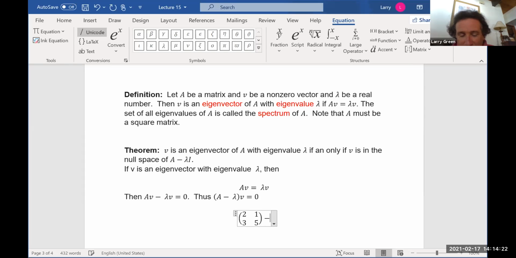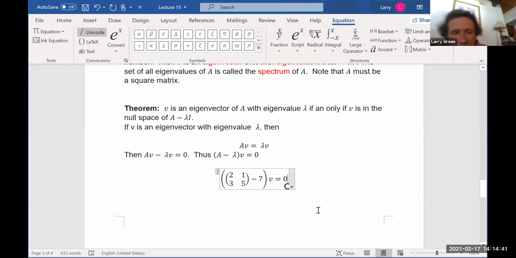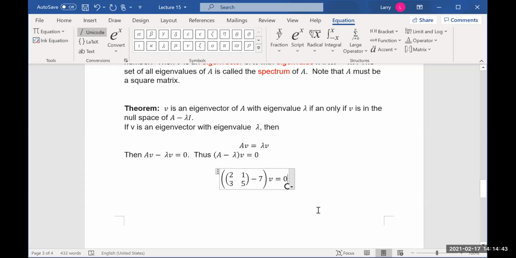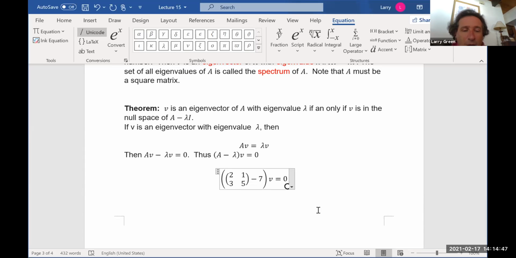Lambda's a number, so minus, how about 7, times V equals 0. What's wrong with even saying this? That would imply that the matrix or lambda is 0. No, or there's something wrong. There's just something very wrong.